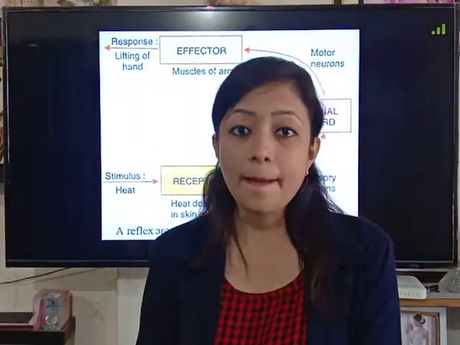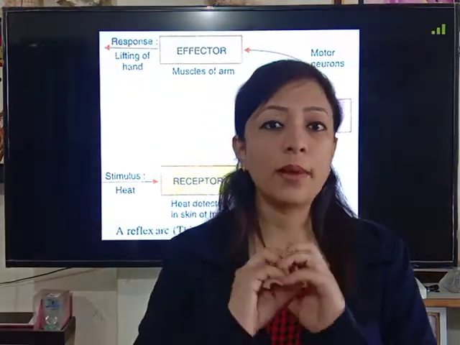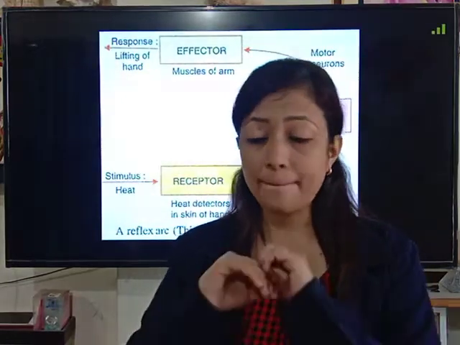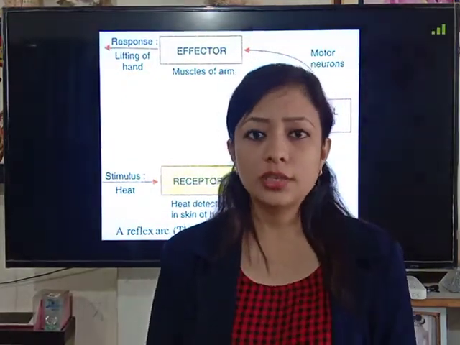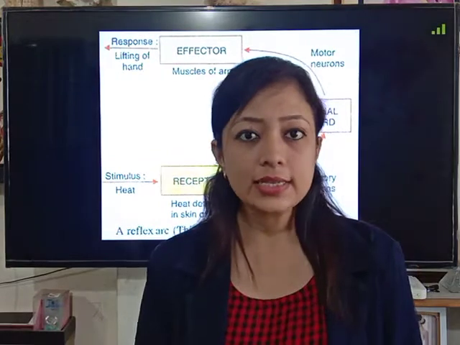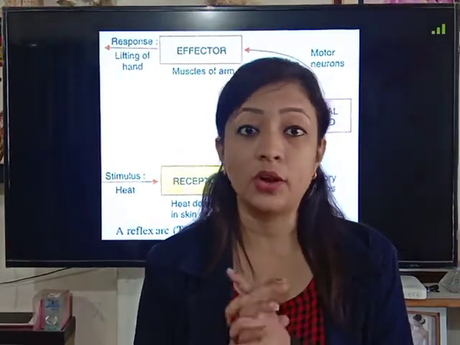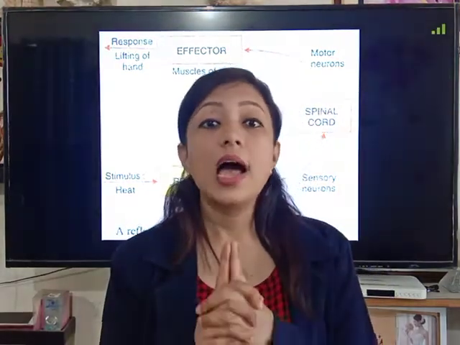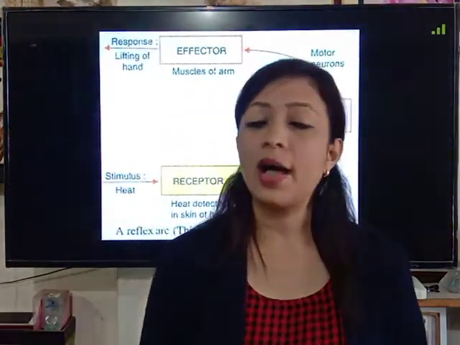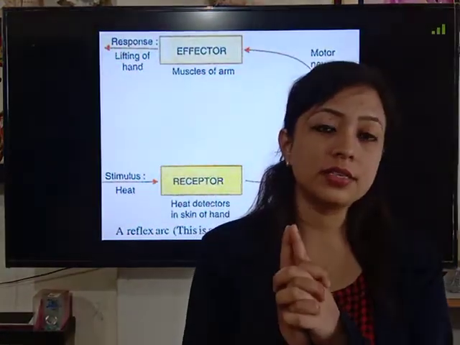And for this process to happen, only a few microseconds are required. It happens very fast. So such a spontaneous and rapid response given to a particular kind of stimulus is called reflex action. And this reflex action is controlled by the autonomous nervous system.